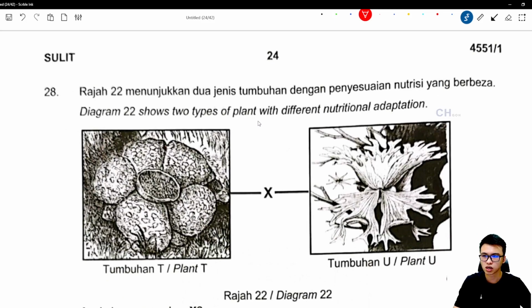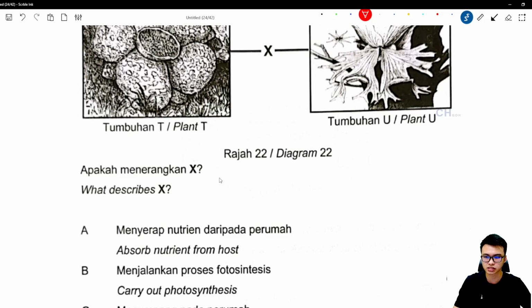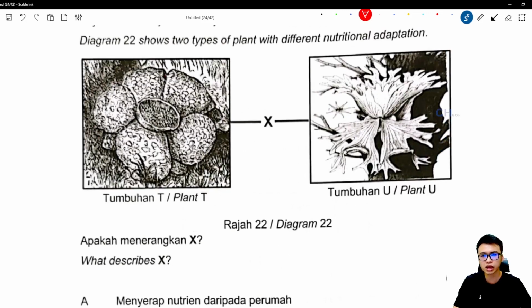Okay, so question 28. Diagram 22 shows two types of plants with different nutritional adaptations, plant T and plant U. What describes X? Now, X is pointing at these two plants, which means that you need to find out the similarities between these two plants. Now, T is the Rafflesia. Rafflesia is a parasite.